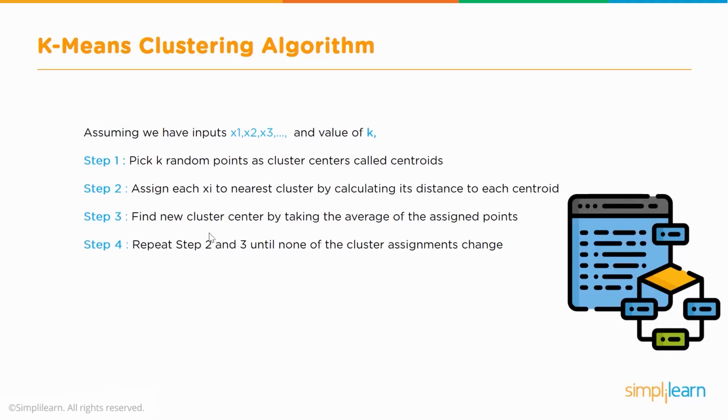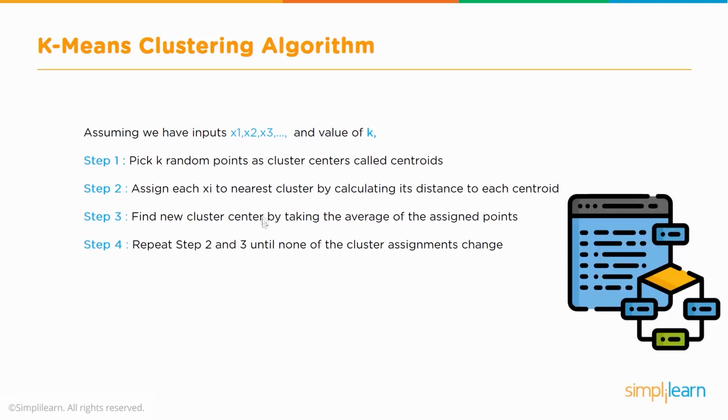So again, we calculate the distance of x1 from the centroids C1, C2, C3, and then we see which is the lowest value and assign x1 to that. Calculate the distance of x2 from C1, C2, C3, all the way up to Ck, find whichever is the lowest distance and assign x2 to that, etc. In this process, there may be some reassignment. x1 probably was assigned to cluster C2, and after doing the calculation, maybe now x1 is assigned to C1.